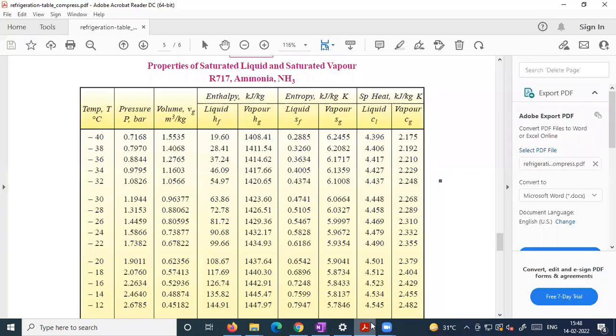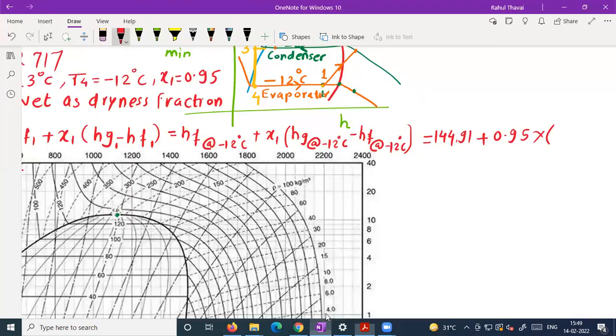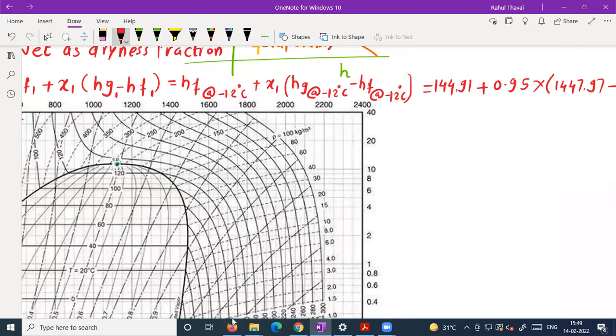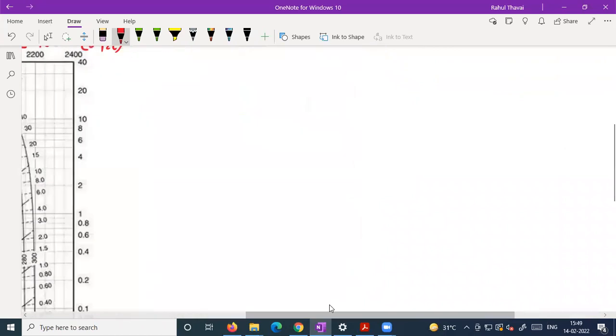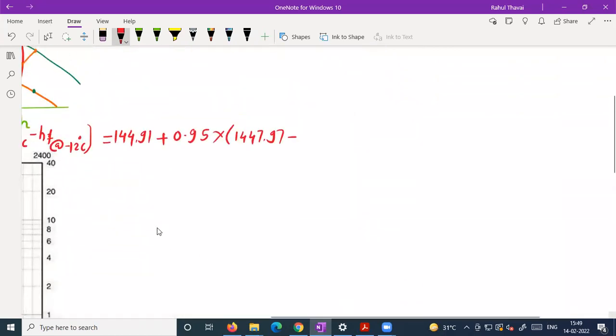So what is HG? You can see the value of HG at -12 degrees Celsius: 1447.97. Minus the remaining value, right? Minus 144.91. Is that okay? So can you get the answer now? Yes, let me know the answer. What answer are we getting?